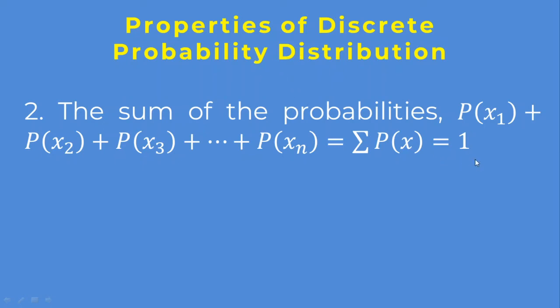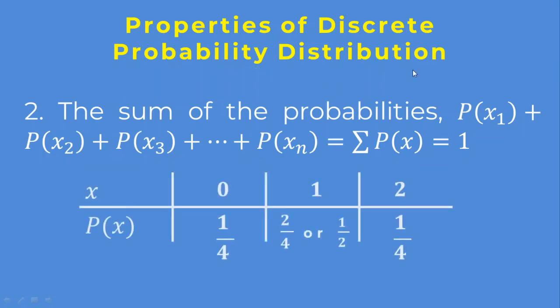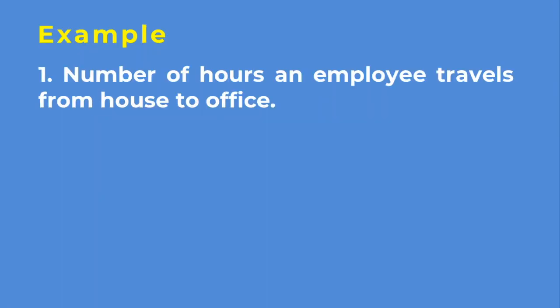Otherwise, hindi siya makaklasify as probability distribution. For example, this one, kapag pinag-add natin yung lahat ng probabilities, so 1/4 plus 1/2 plus 1/4 is equal to 1. Kaya makaklasify natin siya as probability distribution, specifically discrete.